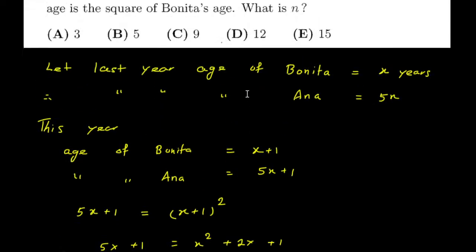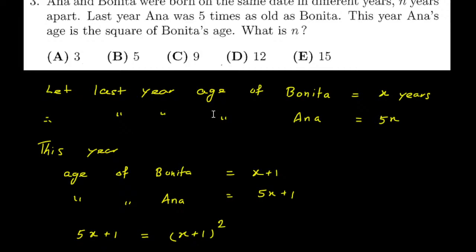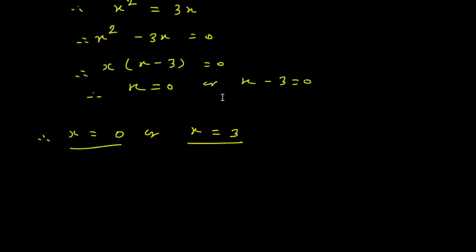Now what does x represent? It represents the age of Bonita last year. Now the value of x cannot be 0. If I consider x as 0, then 5x will also become 0, which is not possible, right? So x cannot be 0, therefore x is equal to 3.